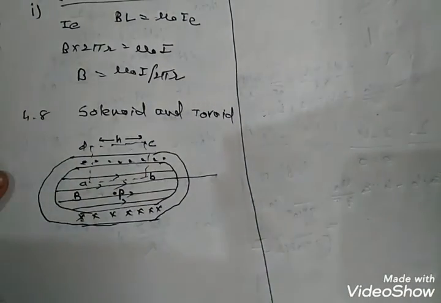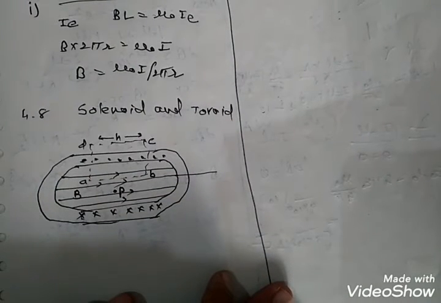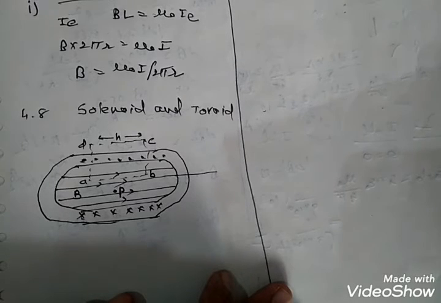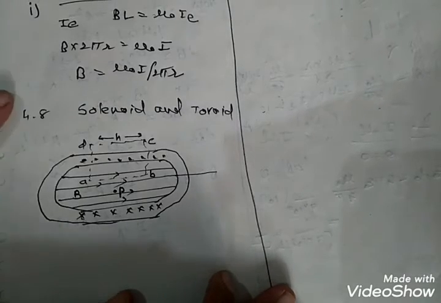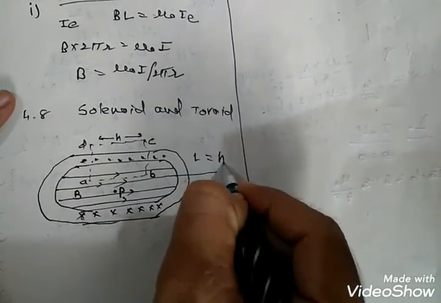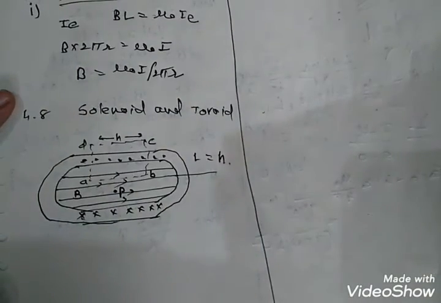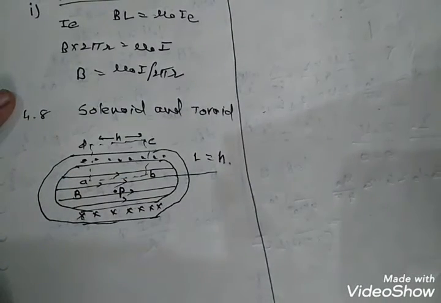Also along the transverse sections BD, BC and AC, the field component is zero, so these two sections make no contribution. Let the field along AB be B; the relevant length of the Amperian loop is L equal to h. Let n be the number of turns per unit length.